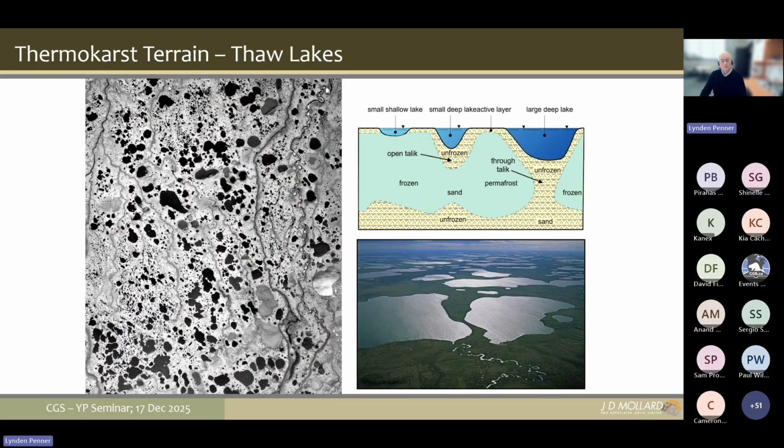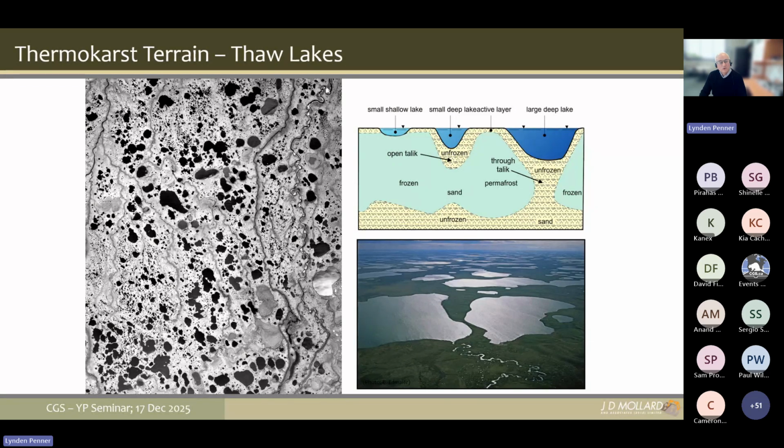Another example, a black and white air photo. Within this area, there may be remnant permafrost still remaining around these thaw lakes. And often there'll be taliks. Remember, to start, I defined what taliks are.